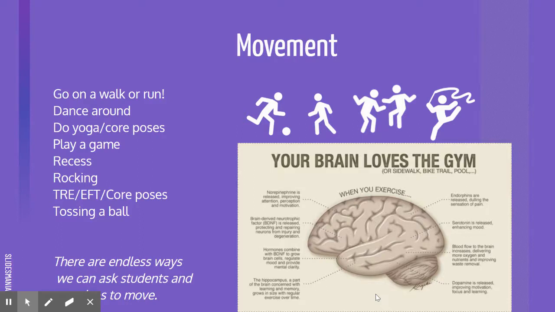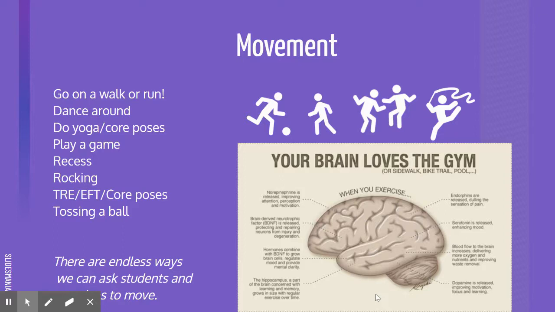So, in depth with movement, let's take a look at this particular slide. I'm sure you're hearing me now say breath, movement, and rhythm or song. Breath, movement, and rhythm or song are the ways that we speak to our brain to get it regulated.